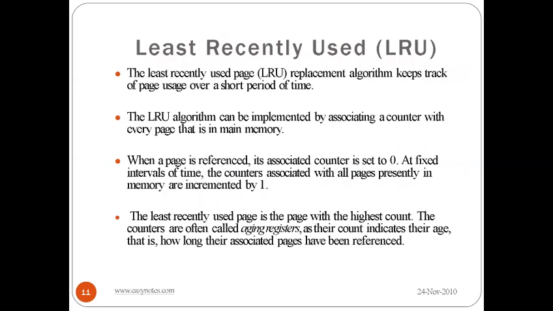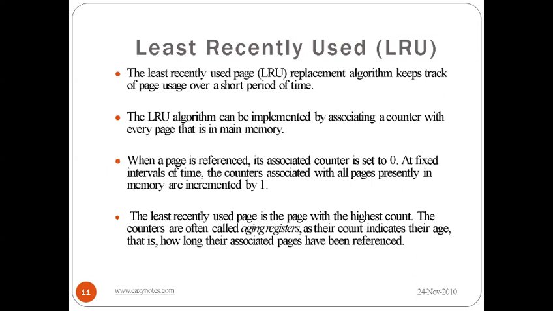Least recently used, LRU. The least recently used page replacement algorithm keeps track of page usage over a short period of time. The LRU algorithm can be implemented by associating a counter with every page that is in main memory. When a page is referenced, its associated counter is set to 0.